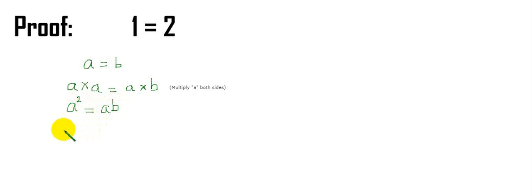Okay, now in the next step, subtract B square from both sides. Subtract B square from both sides. So let me write it in a comment as well.